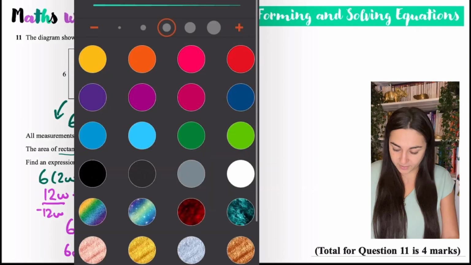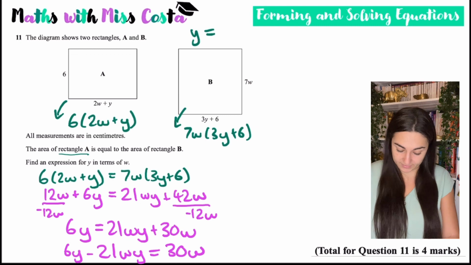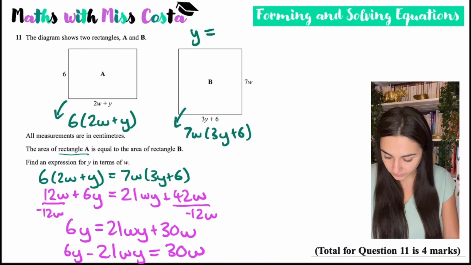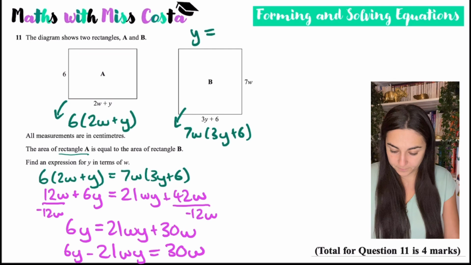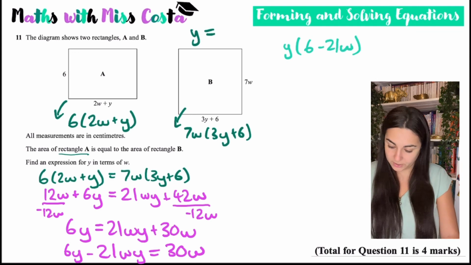And when I factorise, I can extract the y term so that y is on its own. So let's factorise the y out. I'm going to put y on the outside of the bracket, and then y times 6 gives you 6y, and y times by 21w gives you 21wy.